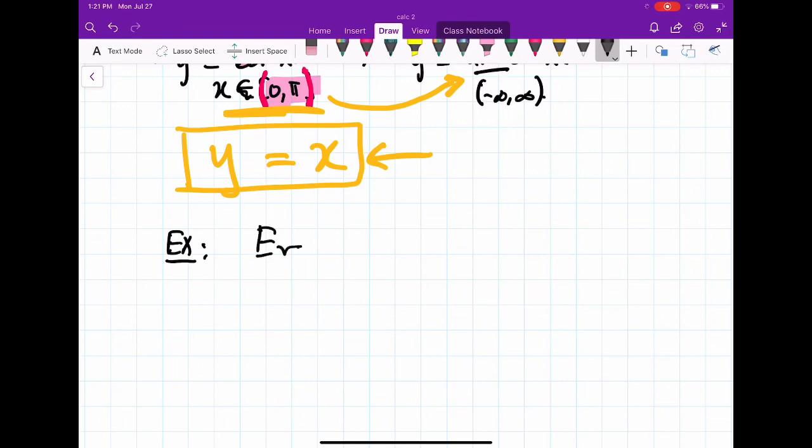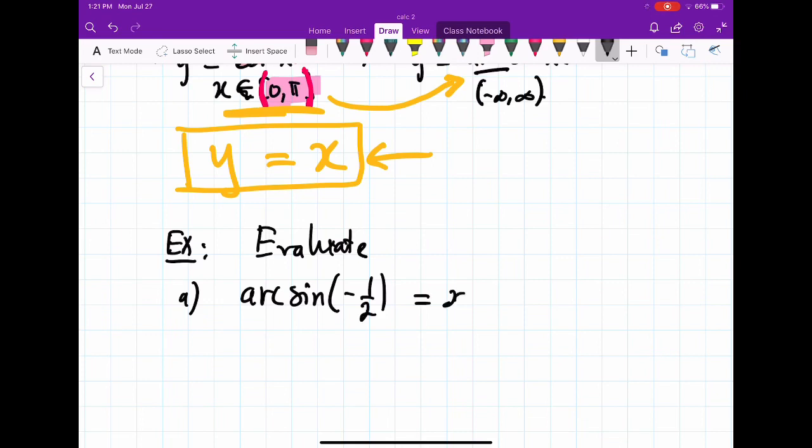Let's evaluate arcsine of -1 over 2. Okay. So how to evaluate this? Suppose that this is x. We denote by x, right? Don't forget this. This is the angle, okay?